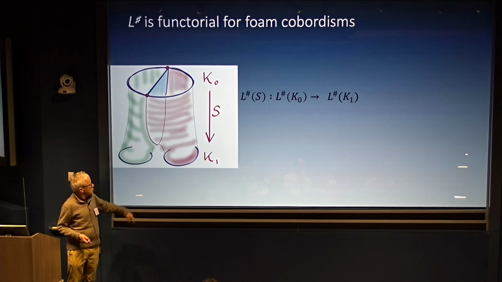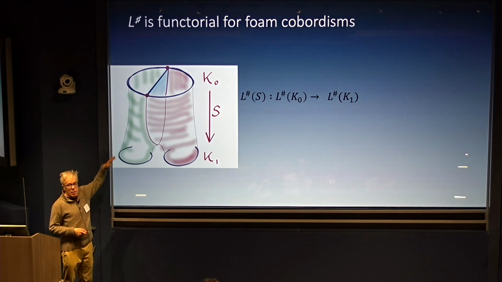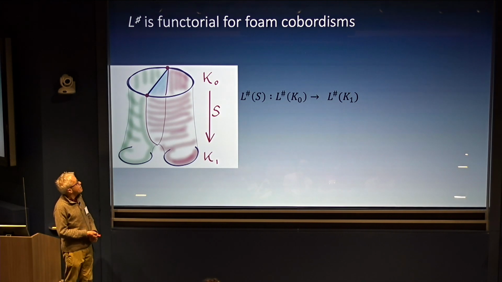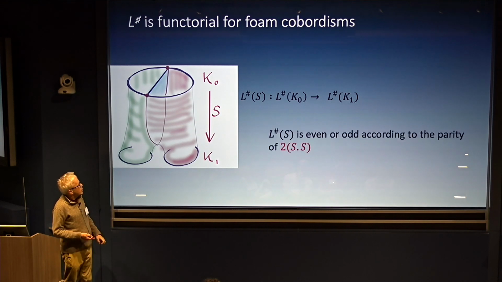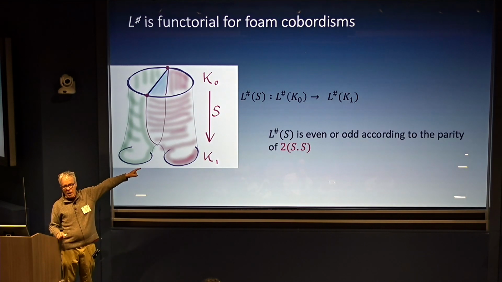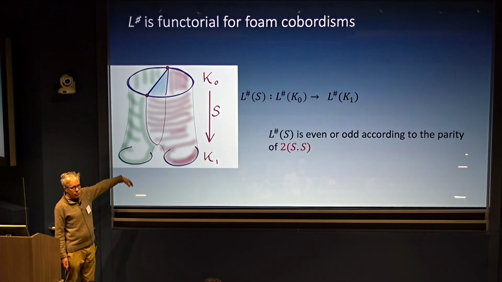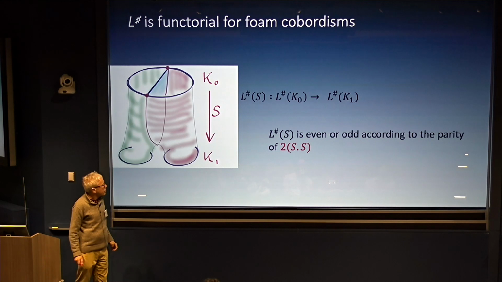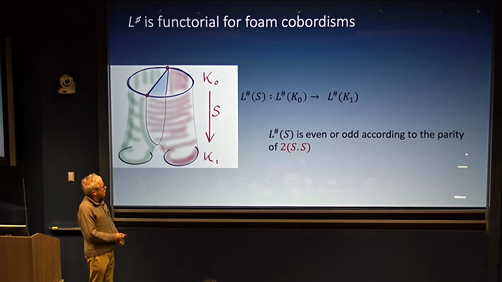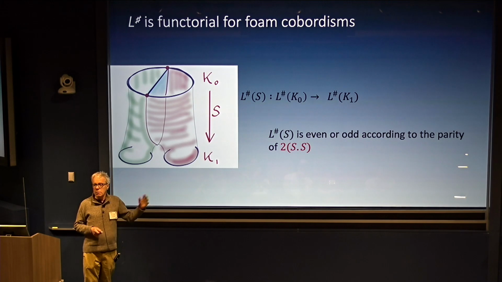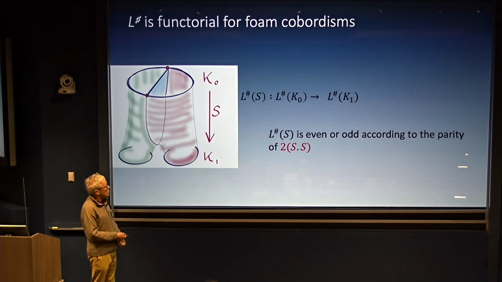L-sharp is functorial for foams as cobordisms between webs. Since L-sharp of a web is a Z mod 2 graded thing, the map between those vector spaces might be even or odd. It might preserve the grading or flip it.